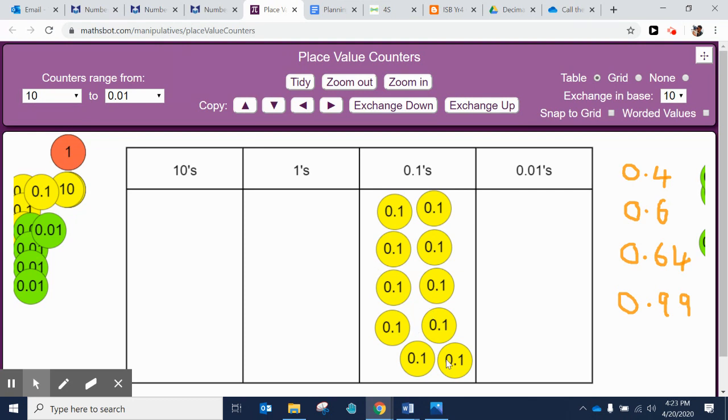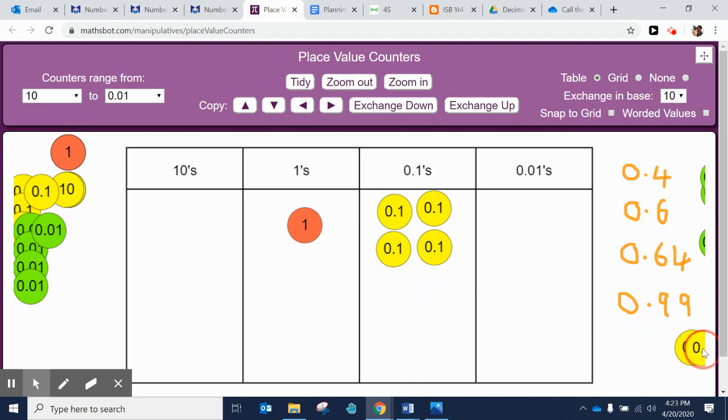So what I'll need to do now is exchange 10 tenths for 1 whole one. 1, 2, 3, 4, 5, 6, 7, 8, 9, and 10. So as soon as you get to after 0.99 and you add another hundredth, then you'll make 1 whole one.